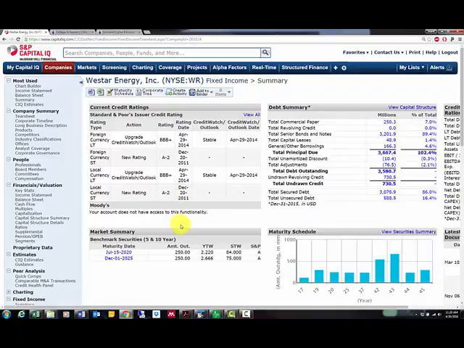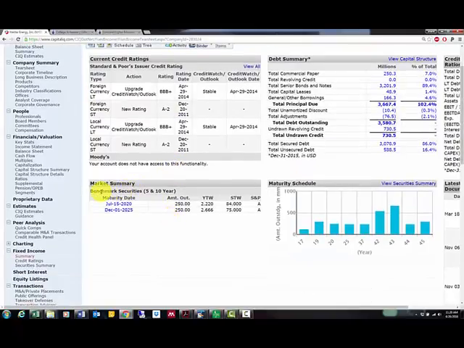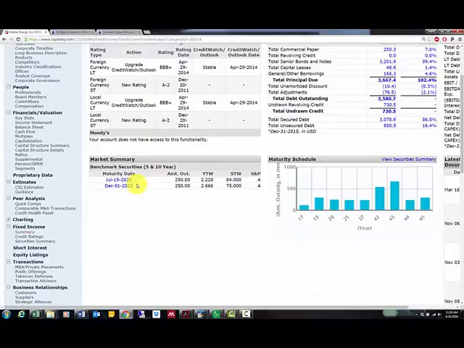So what's nice about Capital IQ is that it gives you these benchmark securities. So we have a debt for Westar that matures in about 10 years. And the yield to worst, so that's either the yield to call or the yield to maturity, but it's the one that gives us the lowest yield of those two, is 2.666%.